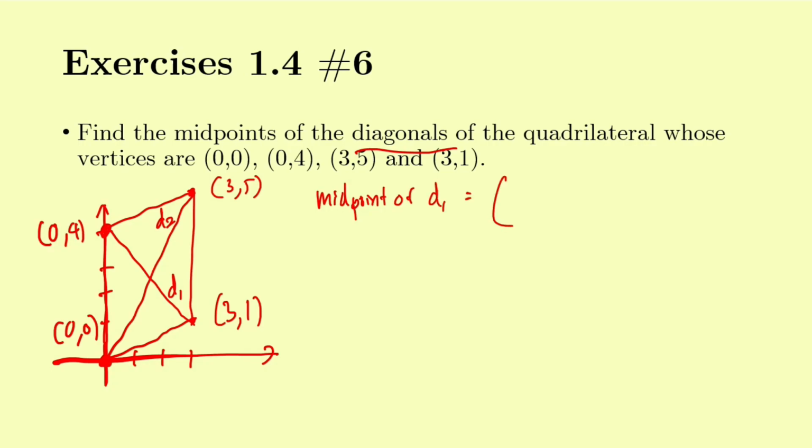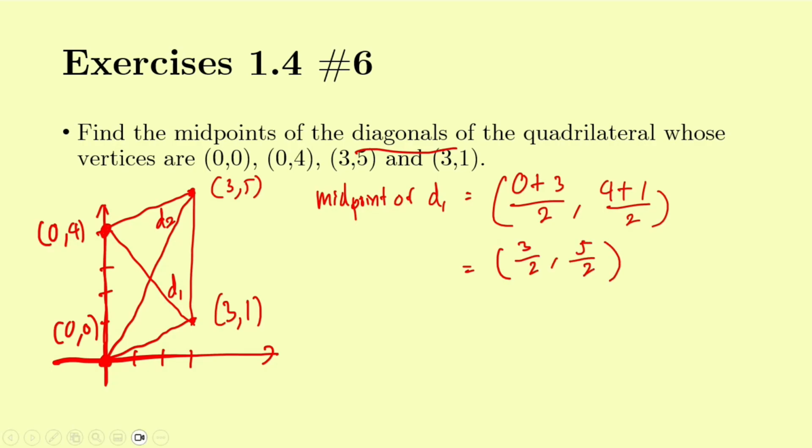And that's equal to 0 plus 3 all over 2 and 4 plus 1 all over 2, which is equal to 3 halves and 5 halves. That is the midpoint of the first diagonal.